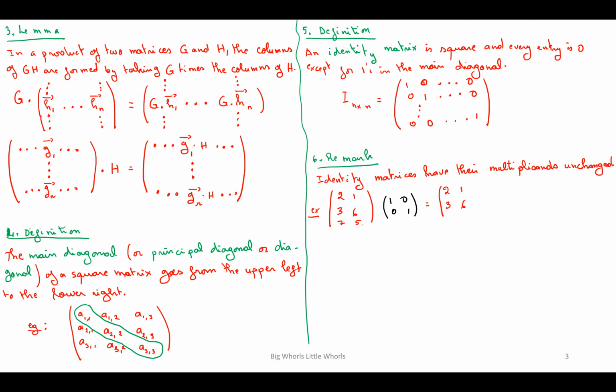And here 7 5 multiplied by 1 0 is 7, and multiplied by 0 1 is just 5. So as you can see, we still have our multiplicand. Whether multiplying from left or from right, it will leave the multiplicand unchanged.